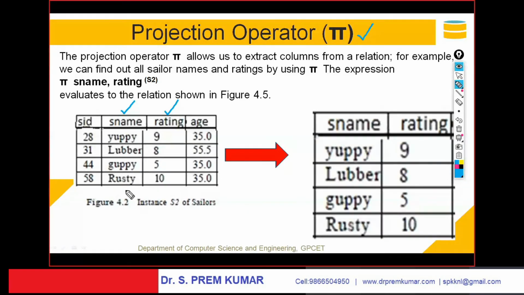From S2 you are asking to project only S name and rating, and hence you got only those as output. The rest of the columns like SID and age are kept hidden. This is called the project operation. Please go through this slide for a minute.